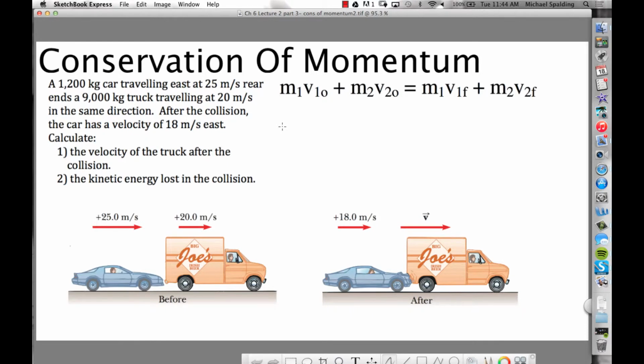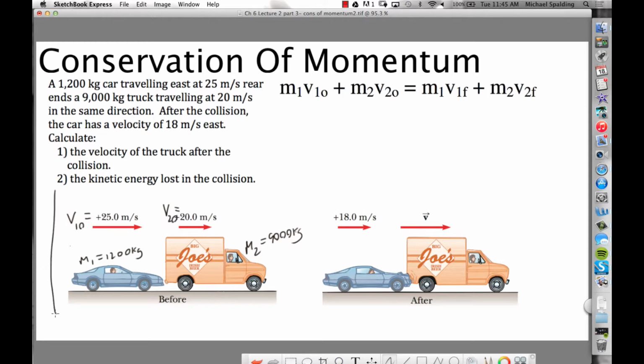All right, so we have a situation where a 1,200 kilogram car, so let's say the car is M1, 1,200 kilograms, rear ends this truck, which we're going to say is M2, that's 9,000 kilograms. So this velocity here is V1 initial, this would be V2 initial.